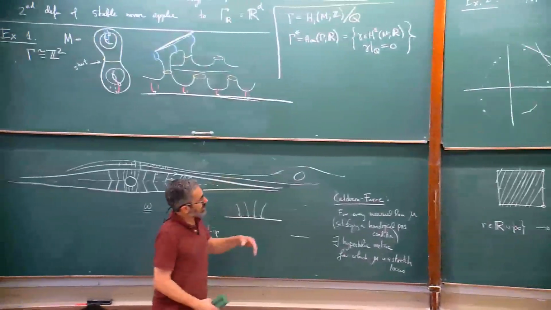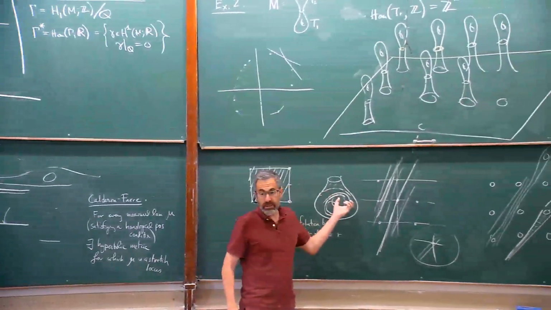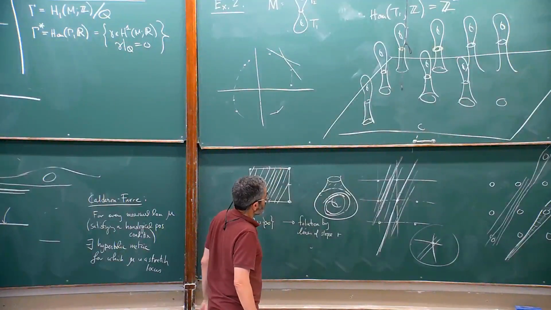So in the case of the punctured torus, every measured lamination actually arises in this way. I did it for the irrational ones, but you can do it for the rational ones also.